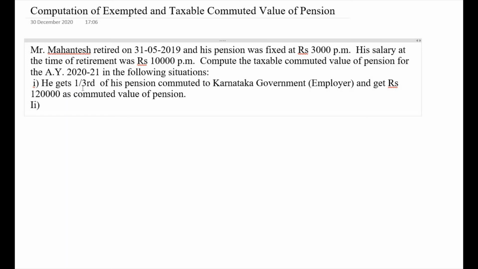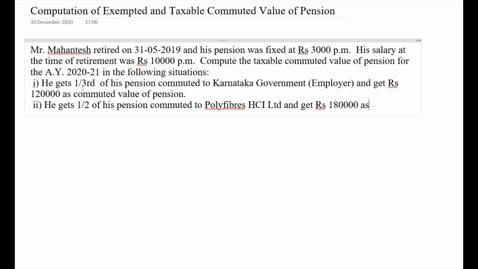Situation 2: he gets half of his pension commuted, and he is employed with Polyfibers HCI Limited, and gets rupees 1,80,000 as commuted value of pension.